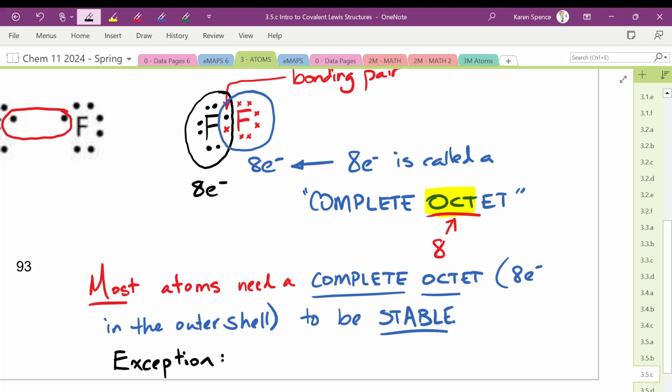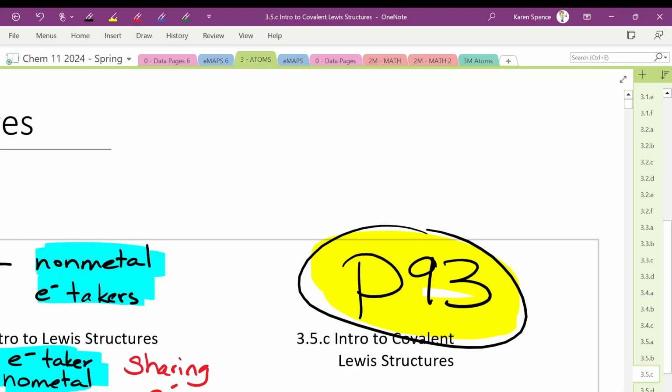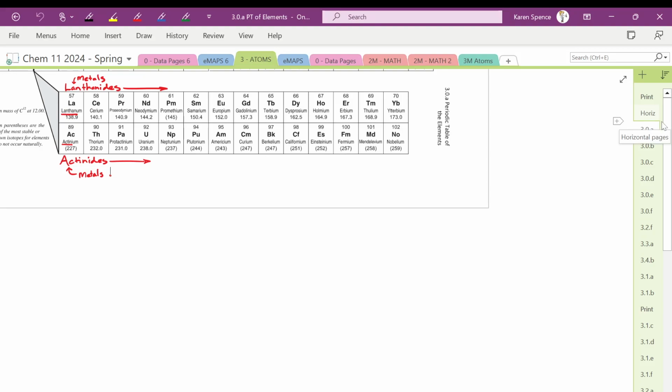Unstable by themselves. 8. Let's look at our periodic table, shall we? Or actually, do I have the... Oh, hang on.